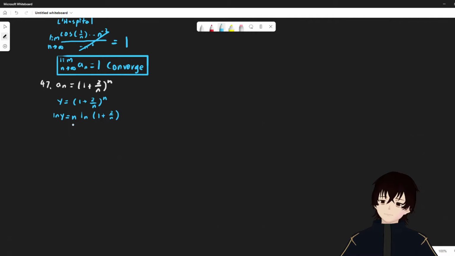Would that help? And then y is equal to e to the power of n times natural log of 1 plus 2 over n. But that still wouldn't work.